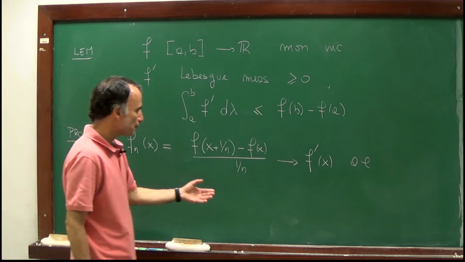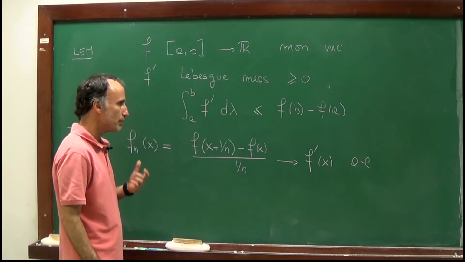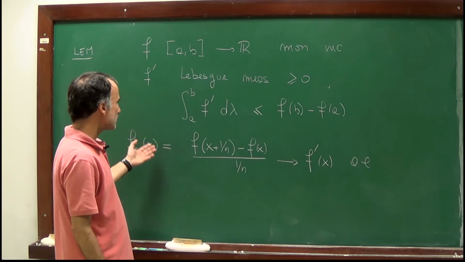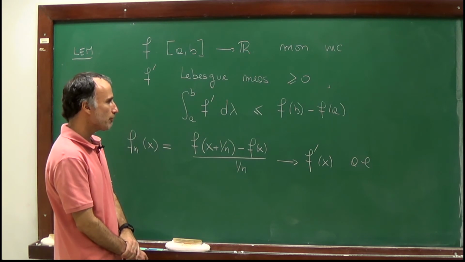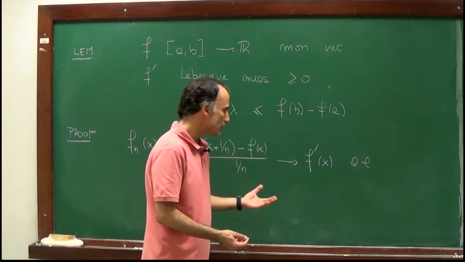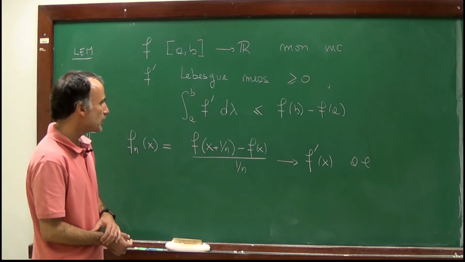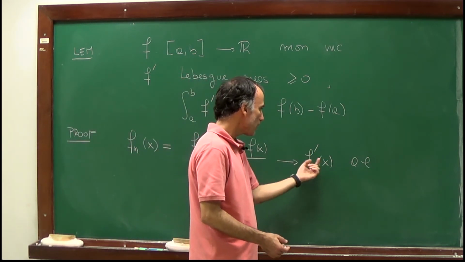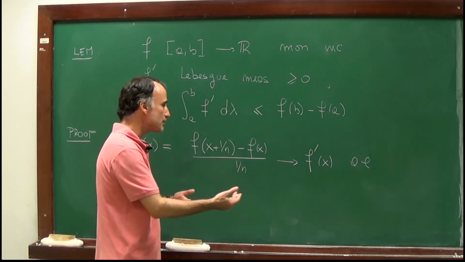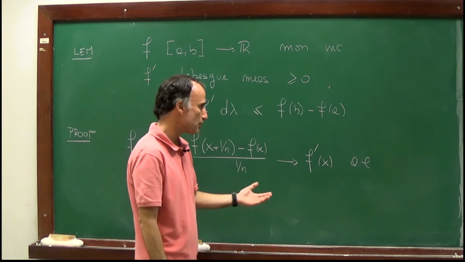So this proves that this function f prime is Lebesgue measurable because it's the limit of a sequence of measurable functions, and we are taking the Lebesgue sigma field, in which if a function is the limit almost everywhere of a sequence of measurable functions, then it's measurable, right?